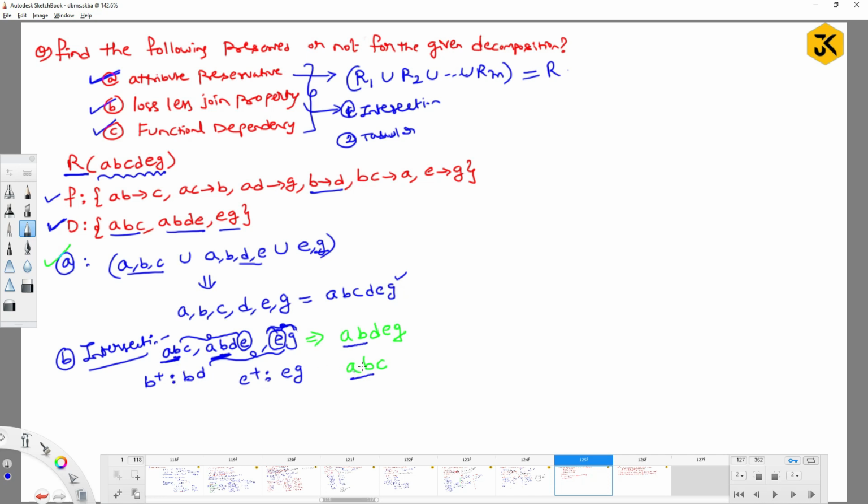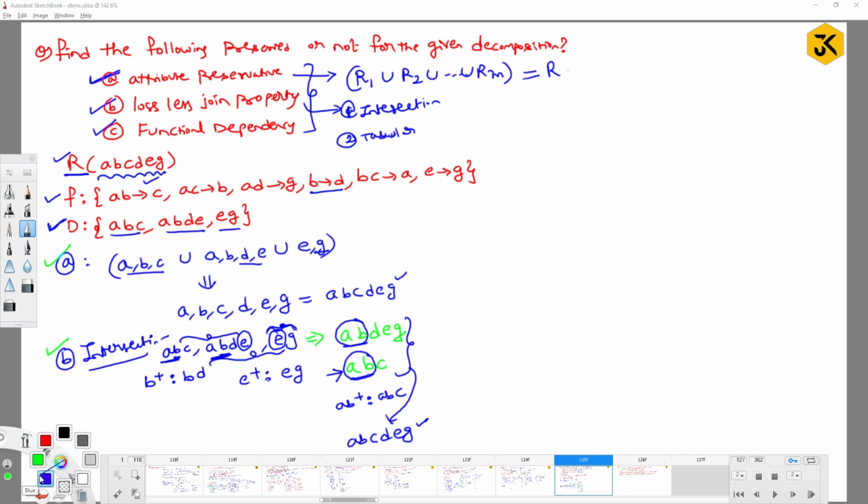So check whether it is a candidate key or not. What is the AB closure? You are going to get AB, and from AB you will get C. Means that it derives one of the relations, so I can call it a candidate key. So finally I can combine them into a single relation, and you will get A, B, C, D, E, G. Finally you get the entire relation, so I can say that it is a lossless decomposition.